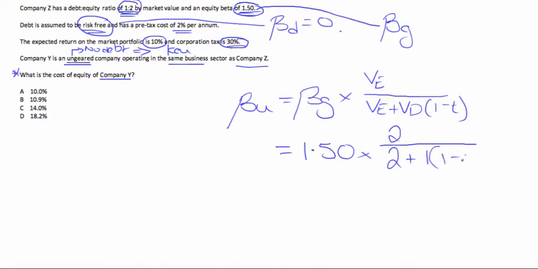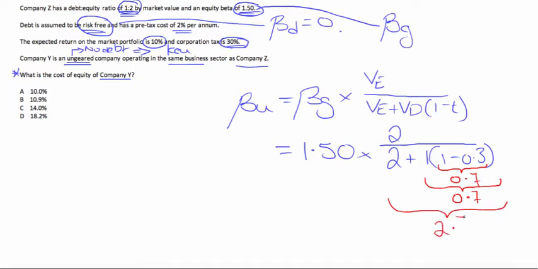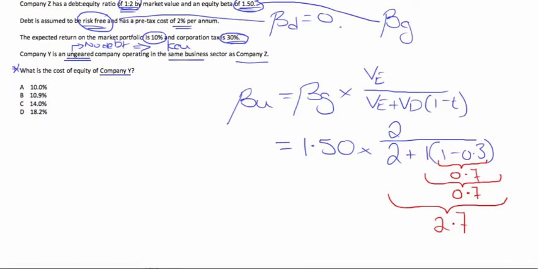That's 1 minus 0.3. So if we systematically work this out, 1 minus 0.3 is 0.7, multiplied by 1 is obviously 0.7, add on the 2, and the bit on the bottom is 2.7.